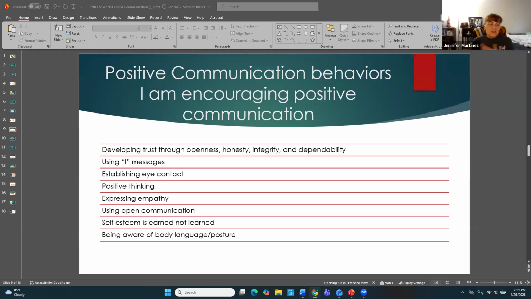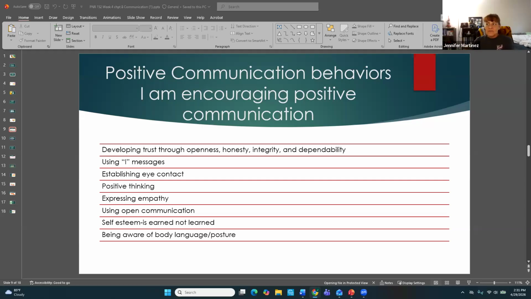Always use open communication. Honesty and integrity are so important. And then we have this thing called self-esteem. Self-esteem is earned, it is not learned. No one can give you self-esteem and nobody can take it away. It is something that says, hey, it is okay to get credit for something that you did well.